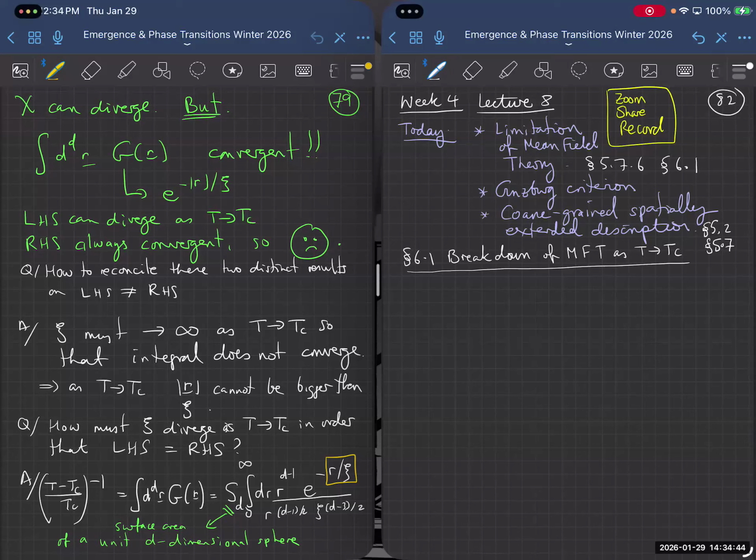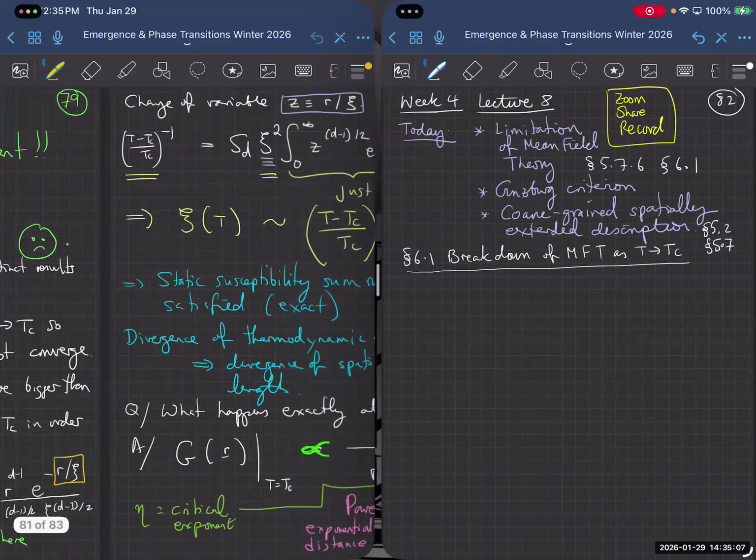And I then said, well, if it's diverging, can we use thermodynamics to tell us how it must diverge? At the bottom of the screen on the left, I have the divergent behavior of the susceptibility, and on the right-hand side, the integral of the correlation function. I'm looking at the large distance behavior, because that's what determines the convergence of that integral.